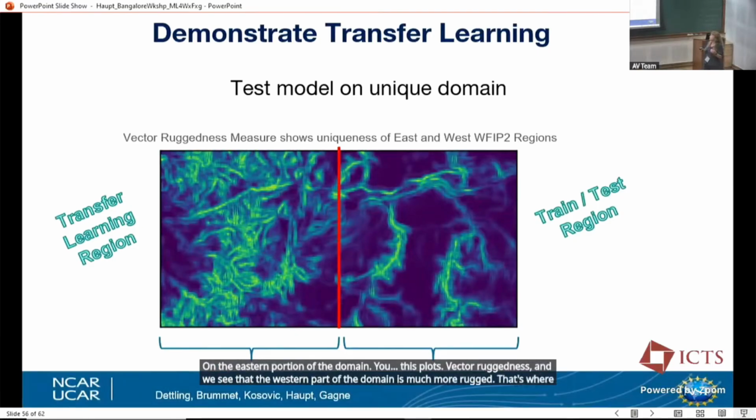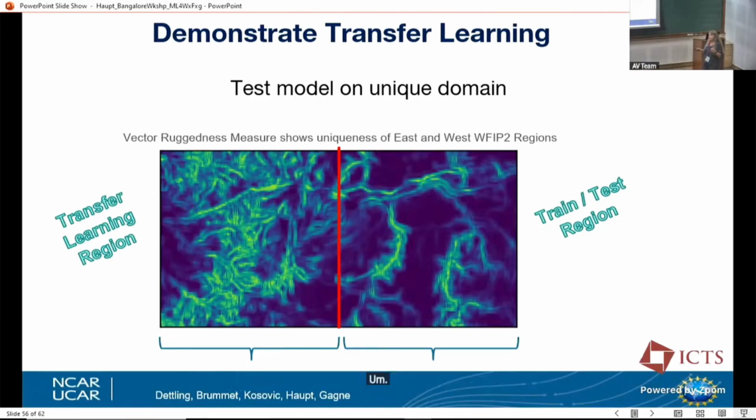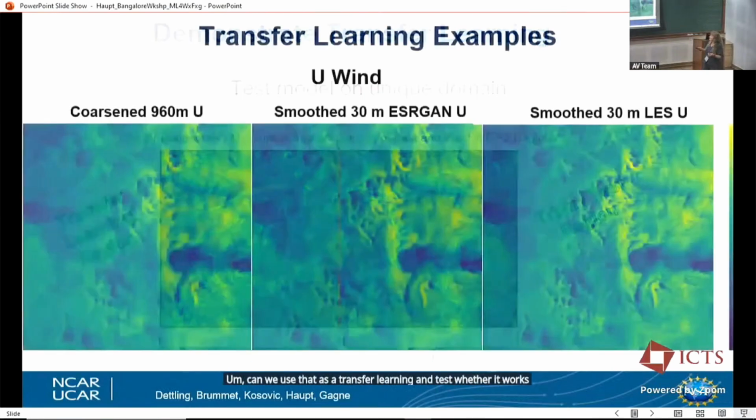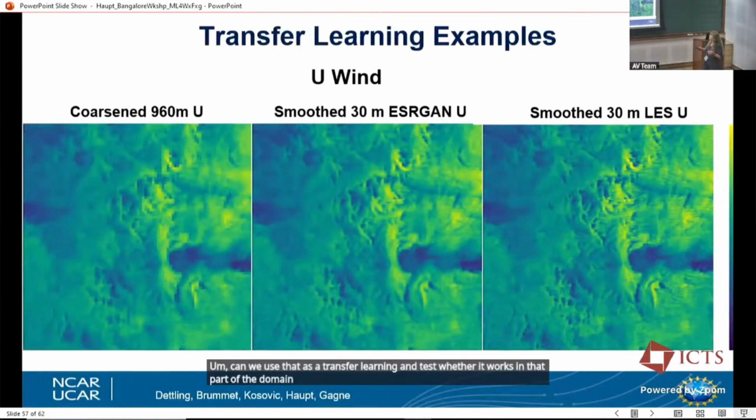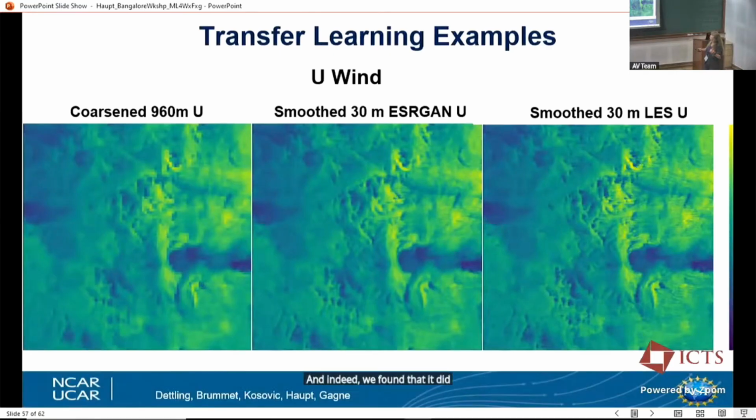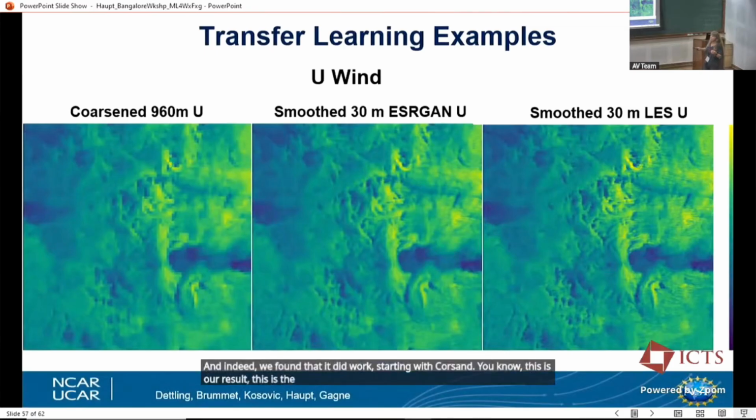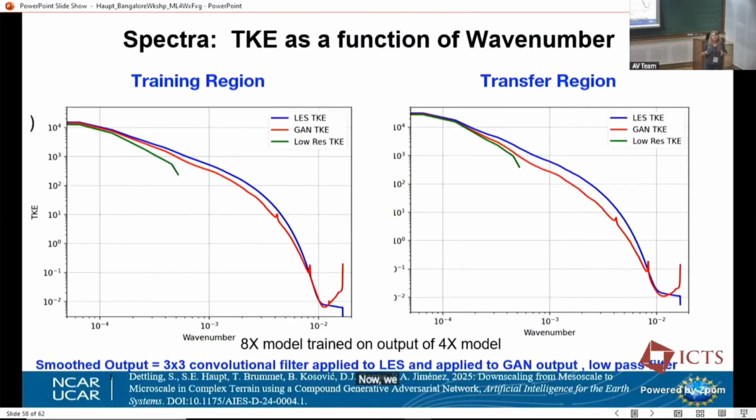That's where Mount Hood actually is, and a lot of its side peaks. Can we use that as a transfer learning and test whether it works in that part of the domain as well? And indeed, we found that it did work, starting with coarsened data. This is our result. This is the target that we want to compare to. Very good.